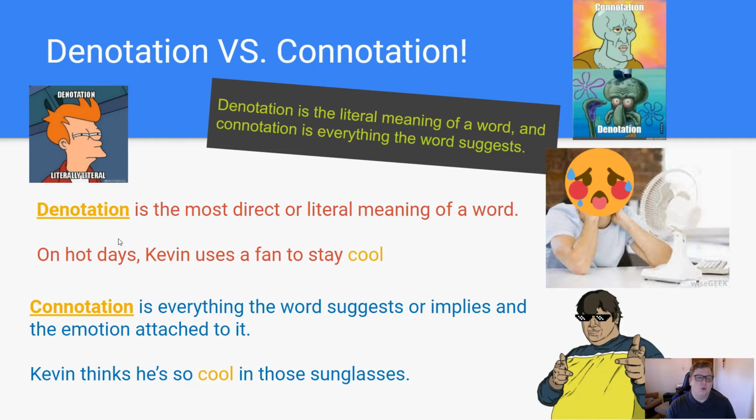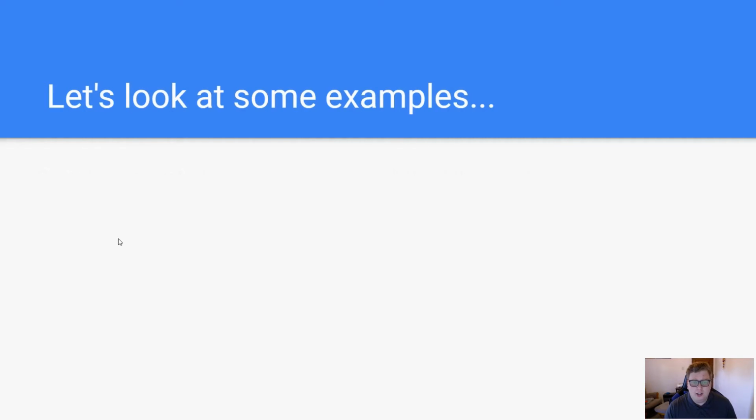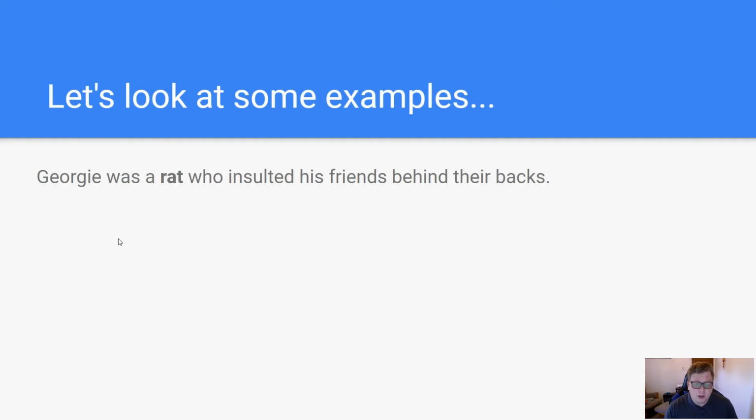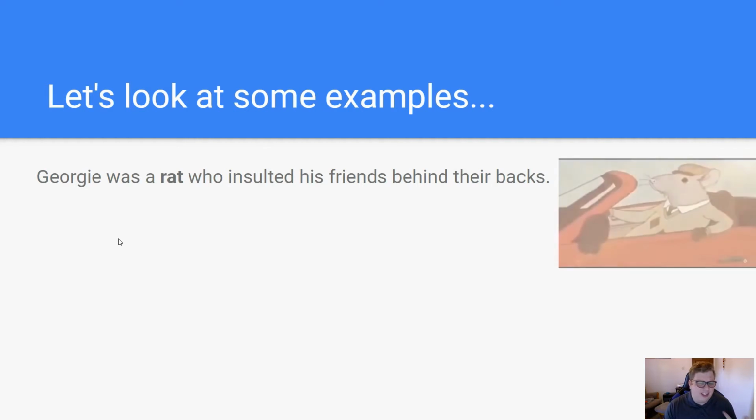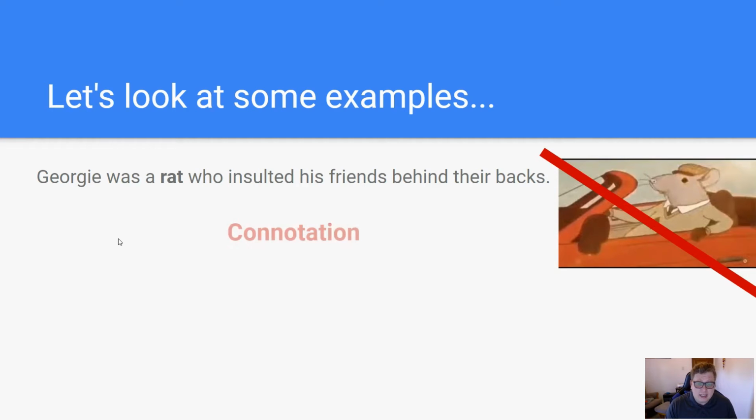Here's a couple more quick examples. Georgie was a rat who insulted his friends behind their backs. Is Georgie literally a rat? Of course not. This would be connotation, right? How about this one?